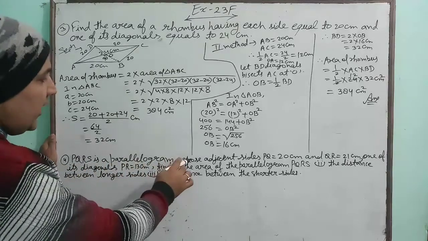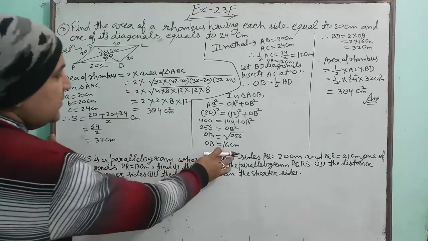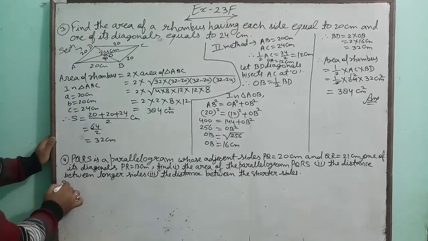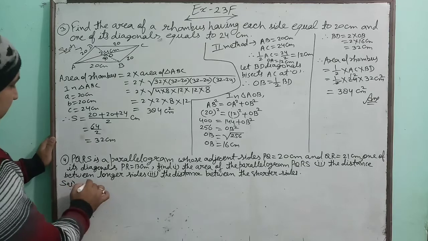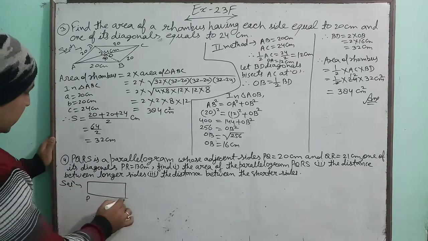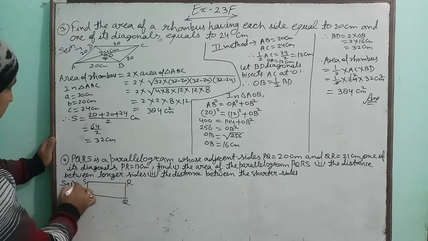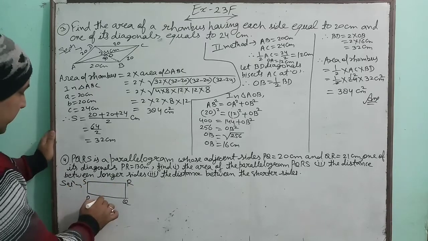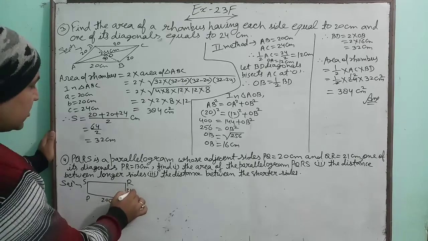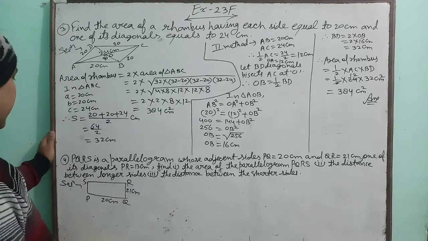PQRS is a parallelogram whose adjacent sides PQ is 20 and QR is 21. See, I am drawing the diagram here. Suppose this is PQRS, which is the parallelogram. PQ is 20 centimeter and QR is 21 centimeter.